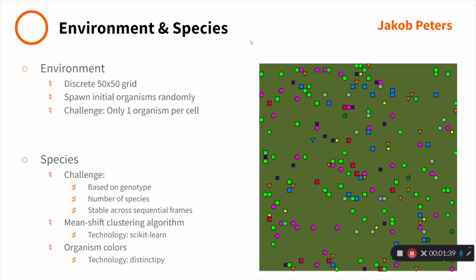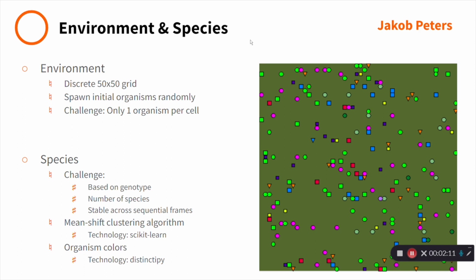Another important thing that I worked on was the species. So you can see each of the organisms are a different color, and that color is unique for a given species. We had a couple of requirements for this, is that we wanted the species to be based on the organism's genotype. So organisms with similar genotypes should belong to the same species, and organisms with different genotypes belong to different species.